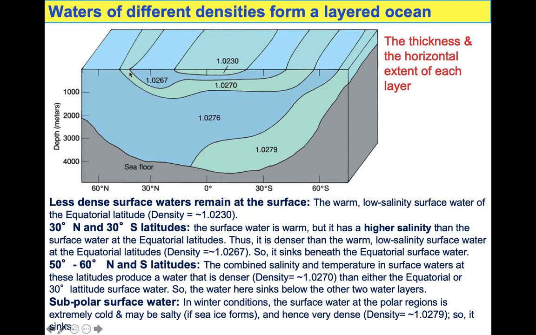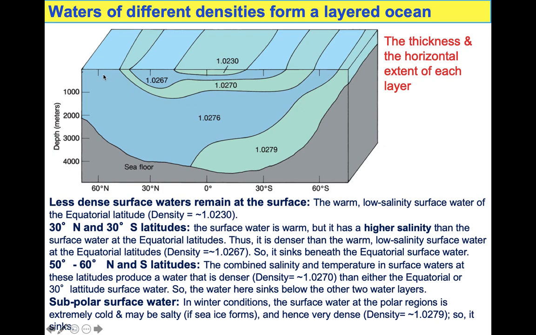And so this water now has a density of 0.0270 gram per cubic centimeter, denser than what we saw in the mid latitudes, so it will sink underneath these other two layers that we talked about earlier.